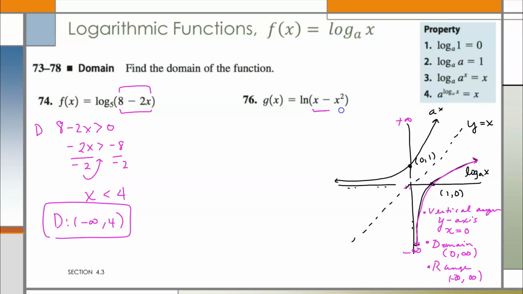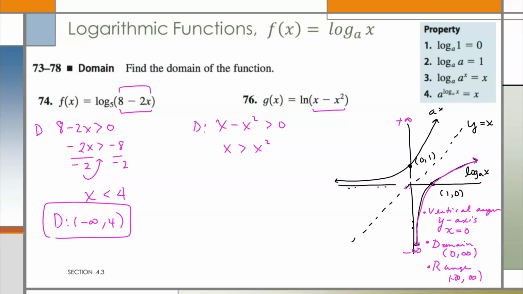Okay, here's what we're taking the logarithm of, x minus x squared. So if I want the domain, I just set that greater than 0. Let's see. I'm going to add x squared to both sides. Adding or subtracting doesn't flip any signs. It's only multiplying and dividing.